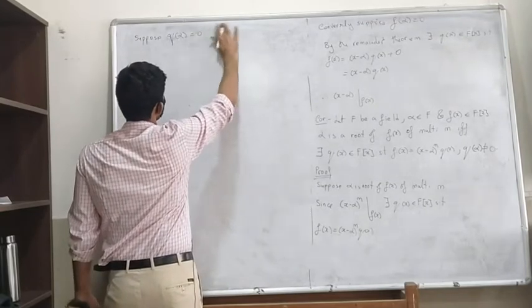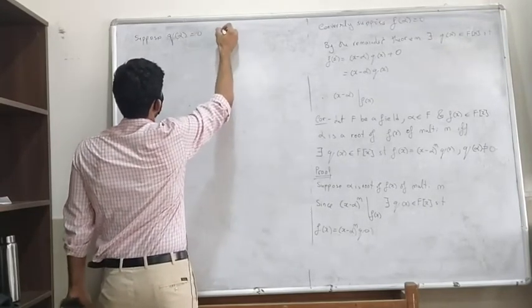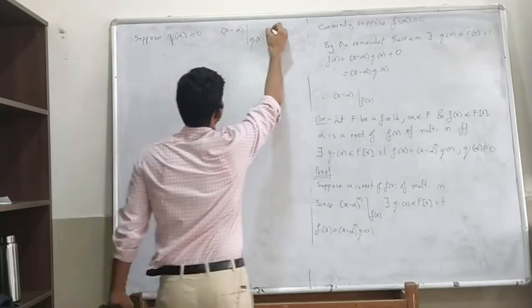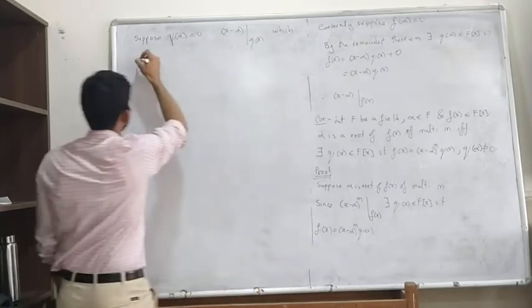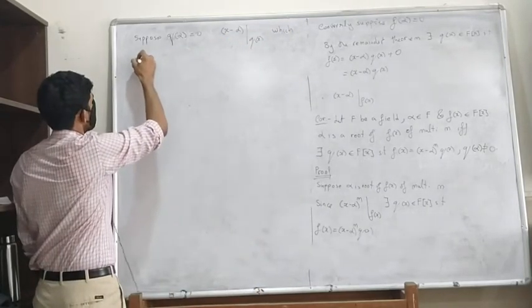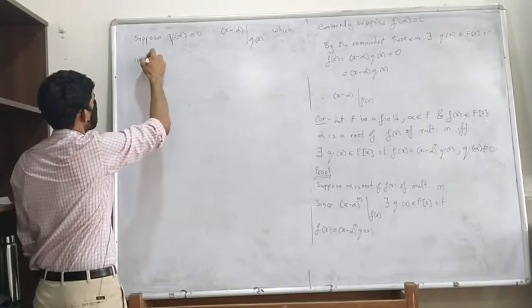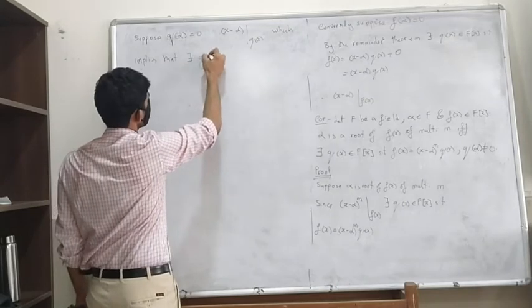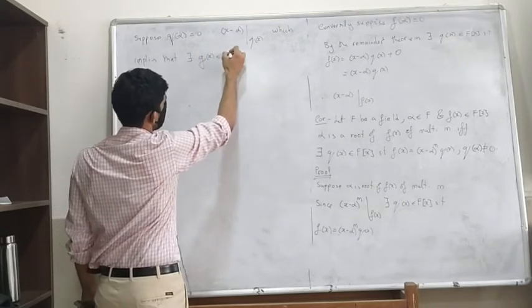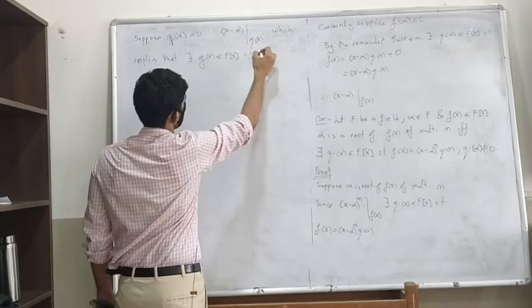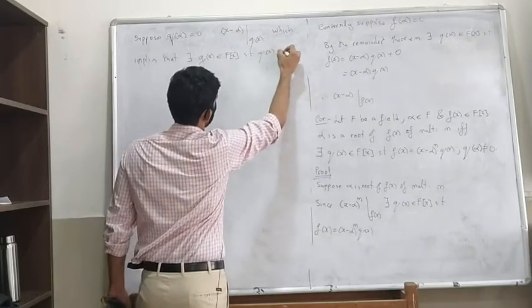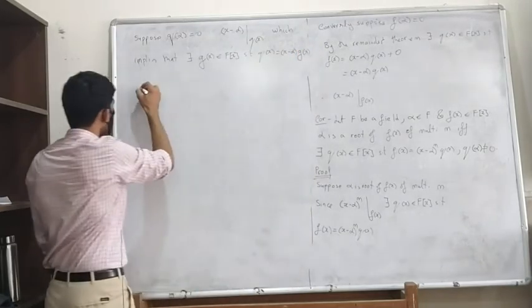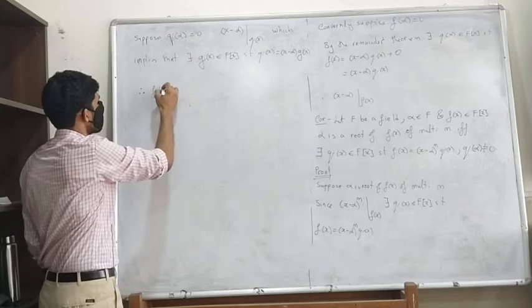Suppose q of alpha is 0, then x minus alpha will divide q of x, which implies that there is some g of x in F[x] such that you can write q of x as x minus alpha times g of x. So therefore, what will happen to f of x?